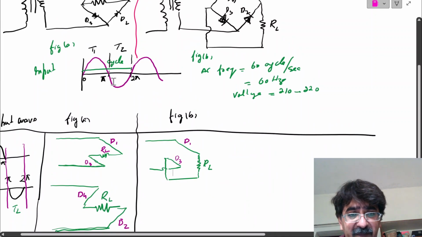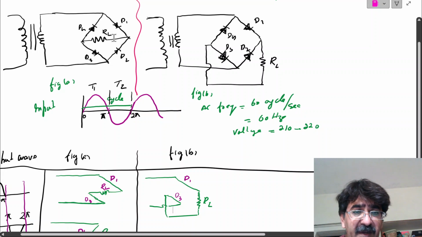So it passes only through diode 3, as I already explained in the circuit diagram of Fig A.